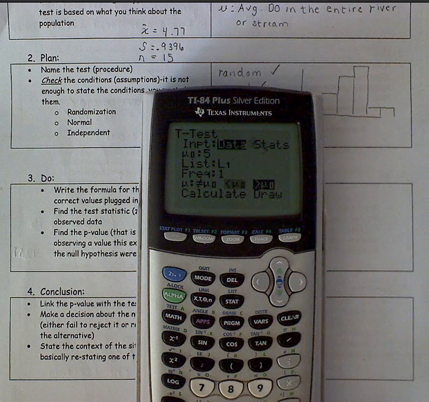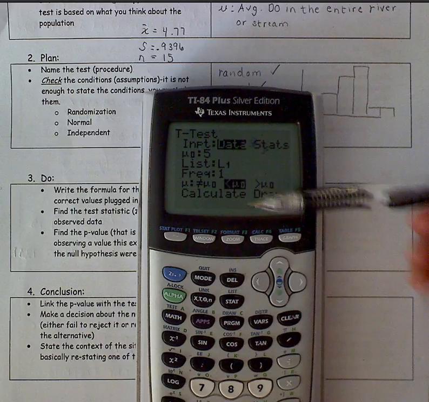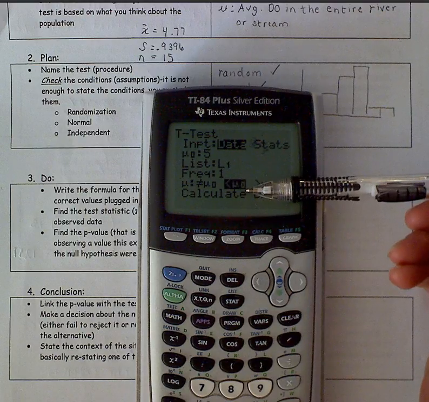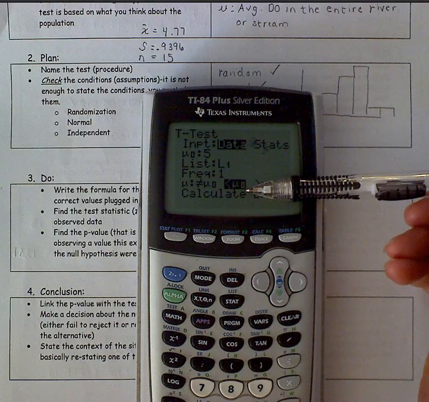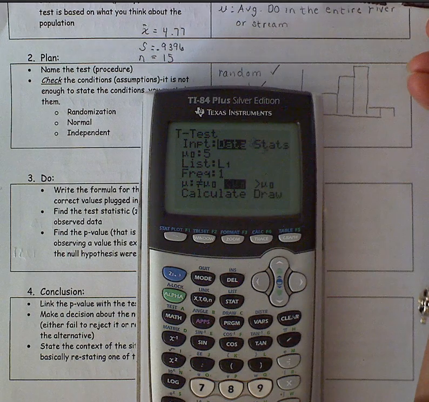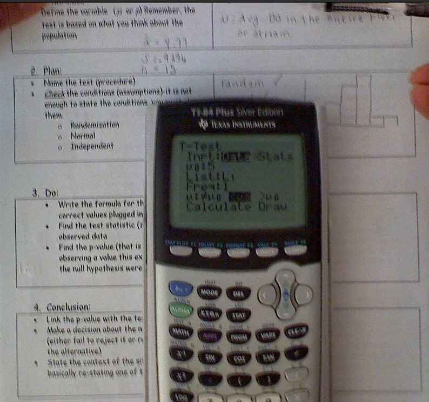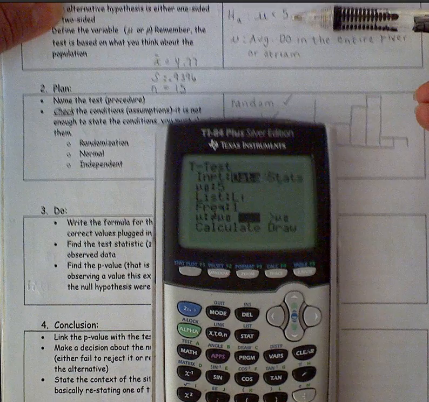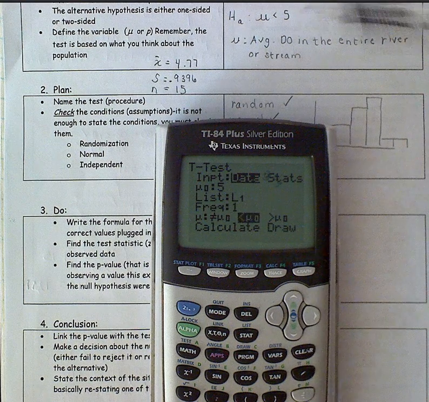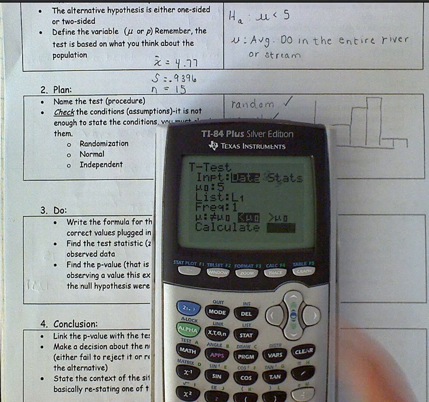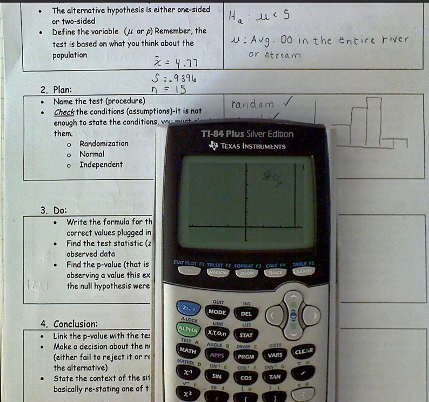Did I say that mu is less than 5? Yes. Remember, the direction here in your stat test t-test will be the same as the direction in your alternative on paper. They're both pointing to the left. Okay? So if I go down to calculate or draw, it will show me this left-tailed test.